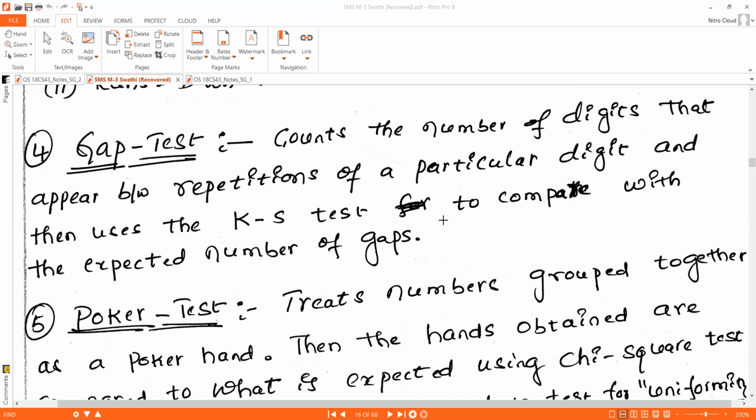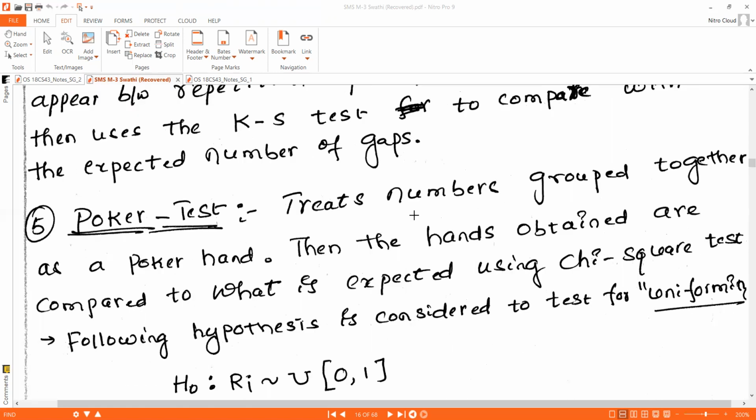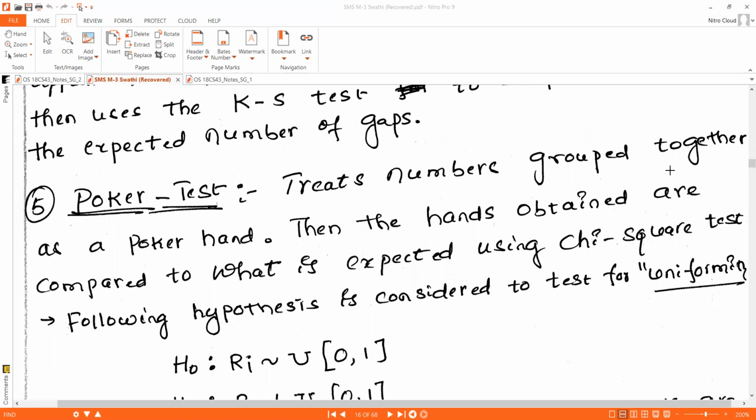Next one we have is the poker test. The poker test treats the numbers grouped together as a poker hand.